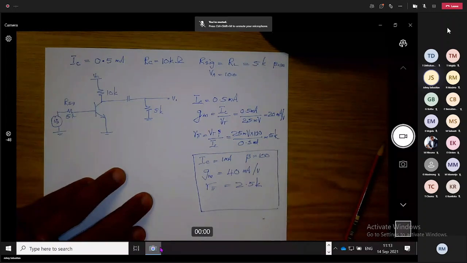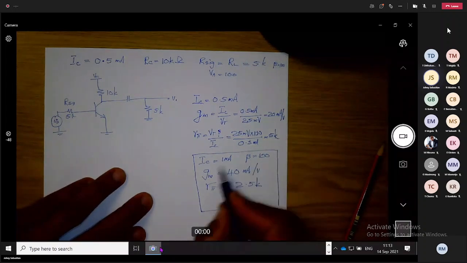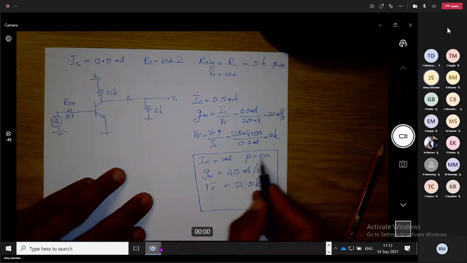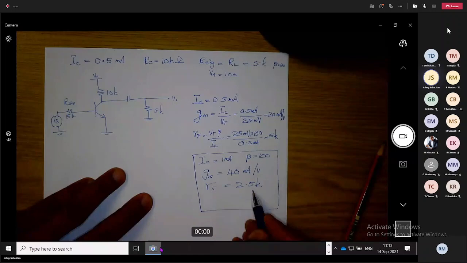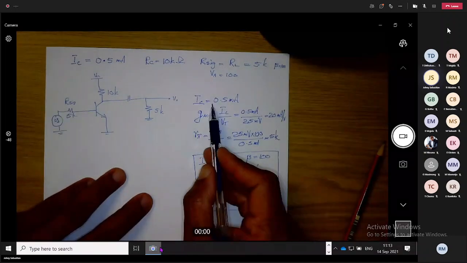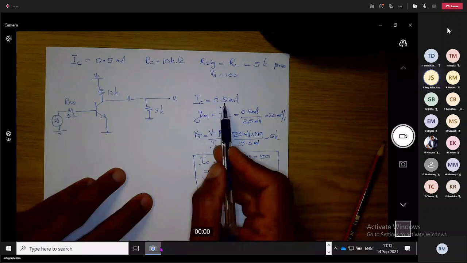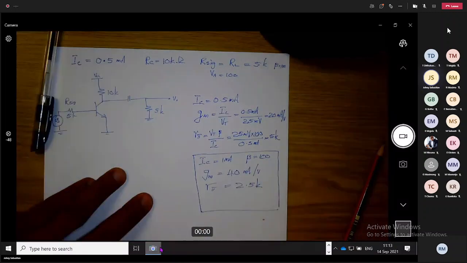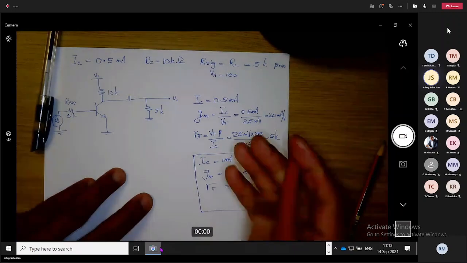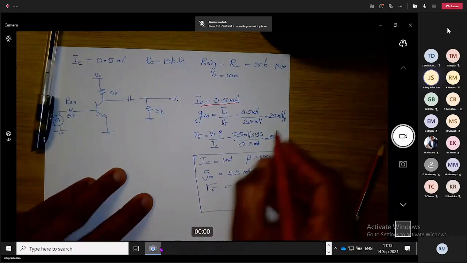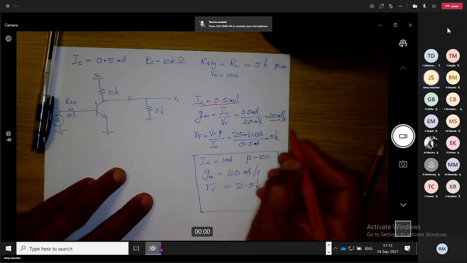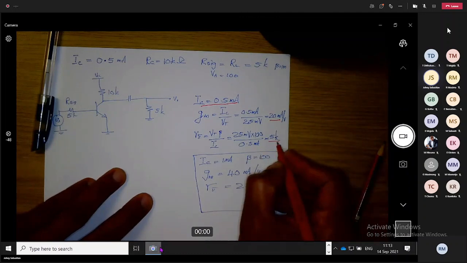If you remember, IC 1 milliampere, beta 100, gm will be 40 milliampere per volt, and r pi will be 2.5K. Now, what happened here is IC is reduced to half a milliampere.